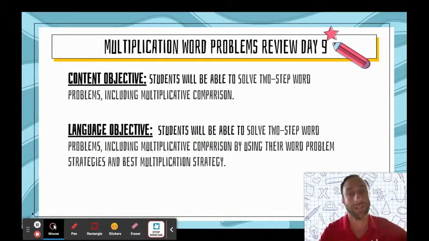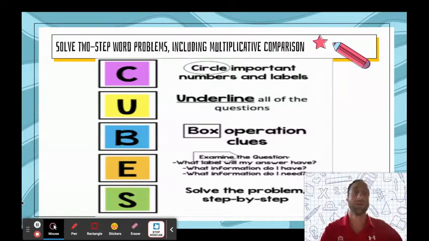All right, so again, to go over this quickly, if you need some more review with CUBES, we could always go back a few lessons earlier where we worked on solving multi-step word problems. This is the same thing, but it really focuses on multiplication within those multi-steps too. So first step is we're going to circle all of our important numbers and labels.